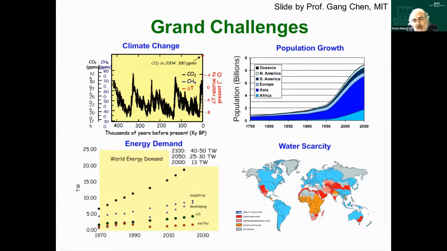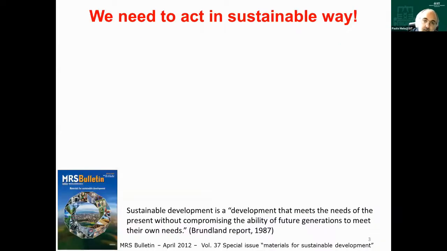And these challenges are climate change involving CO2 emission increase and global warming, population growth and energy demand, and also the water scarcity in some region of our planet. As a scientist involved in material science, we are called to give our contribution to solve these issues in a sustainable way.